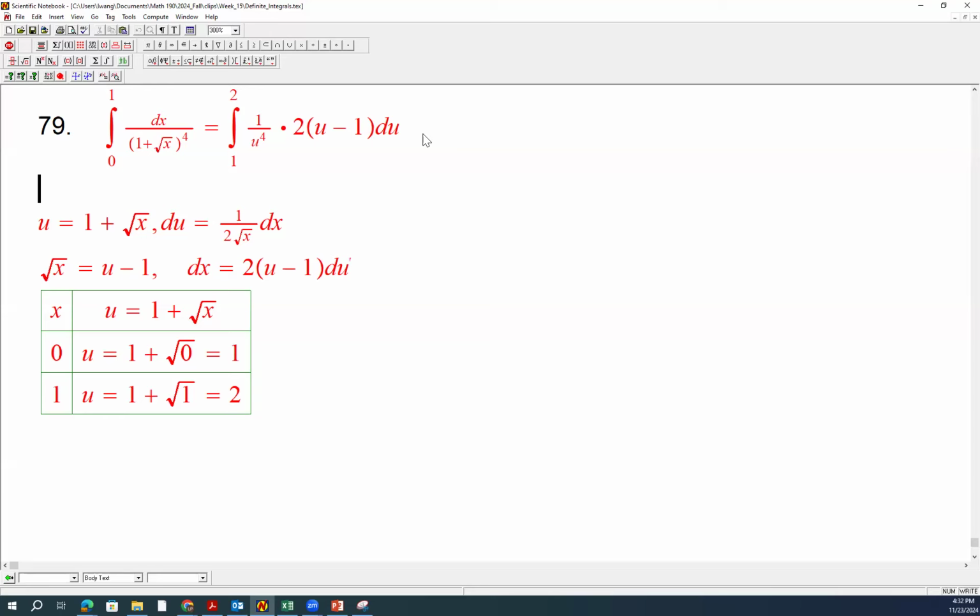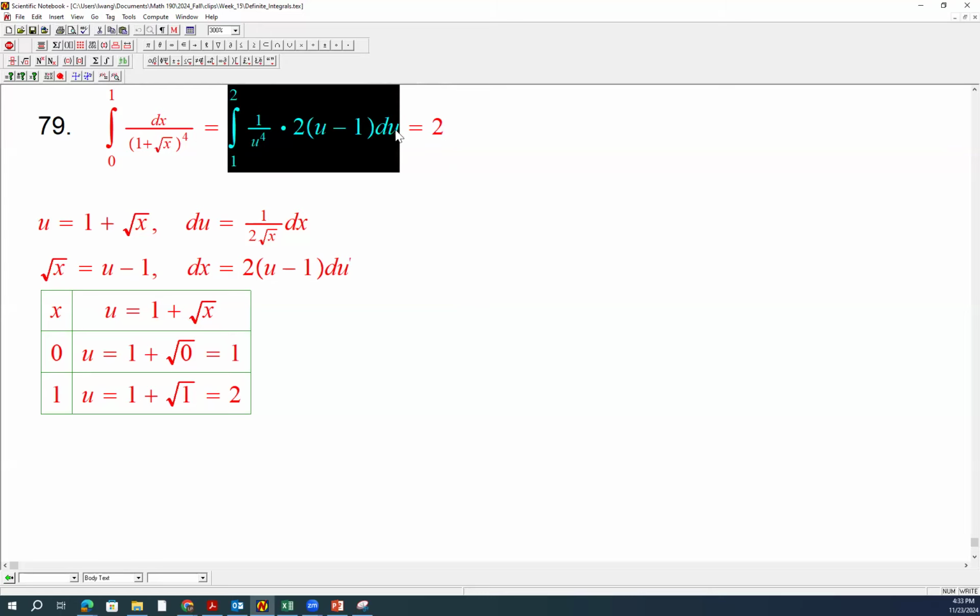It has a little more added complexity because you have to go back to solve for root x, which is u minus 1, and substitute, and then the problem is done. Completely in u, and the interval all changed. So let's complete this. We bring the 2 outside.